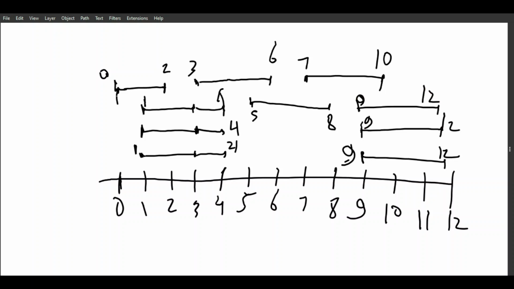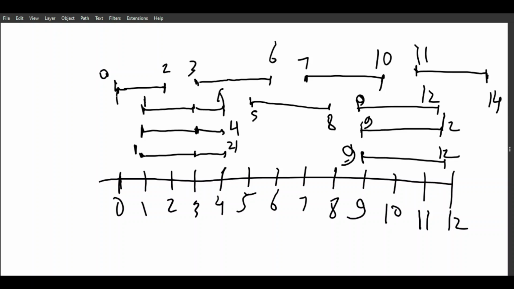And finally one more from 11 to plus 3 is 14. So this is the counter example. Here we have several short intervals with different levels of overlapping.